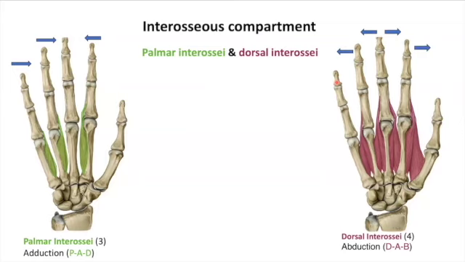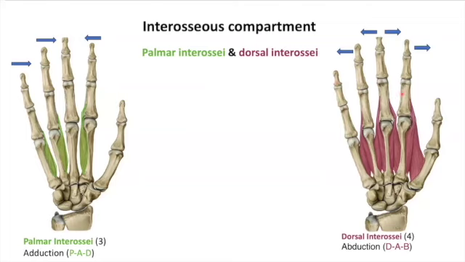So we have abductor pollicis, so thumb has its own abductor. We have abductor digiti minimi, so the fifth digit has its own abductor. So they don't have dorsal interossei muscles, but ring finger, middle, and index finger have dorsal interossei muscles. And their action is abduction. They abduct the middle three digits.